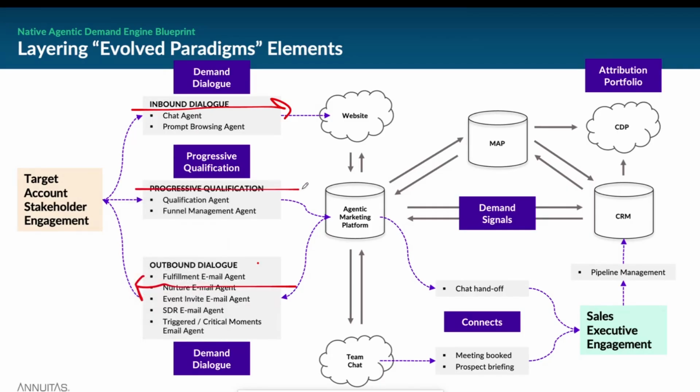And you see that piece coming in through here, that we're creating those connects, right? Not handing off leads, that we're aggregating all of these demand signals, bringing those into CRM, making those available both for real-time qualification, but also for sellers to be able to see and also to get briefed on and be able to dig further into.